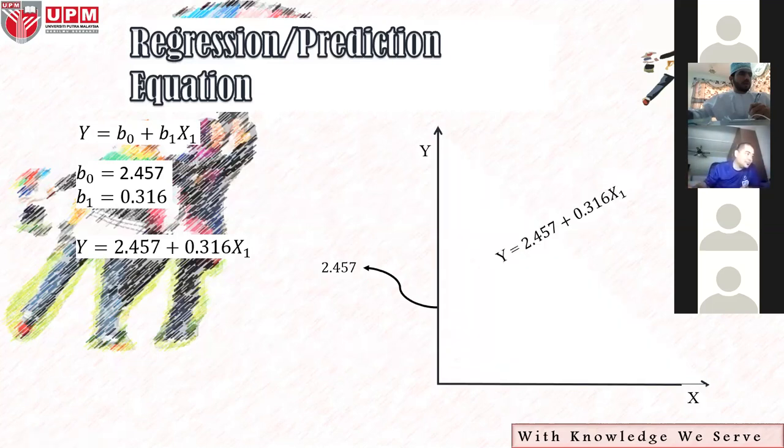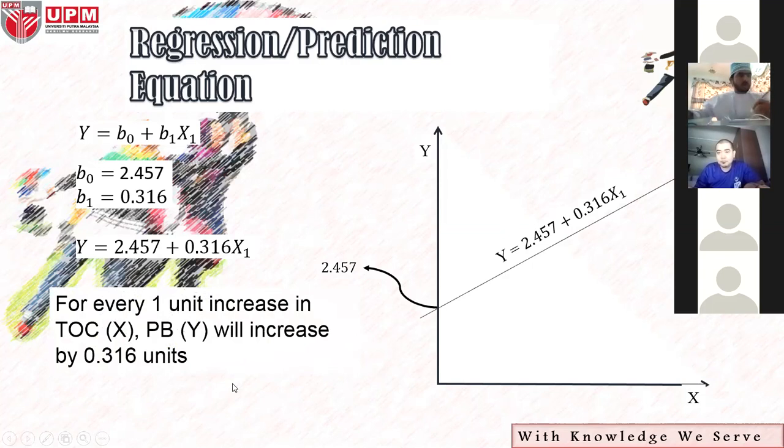So our prediction equation will be Y equals 2.457 plus 0.316 x1. If we illustrate based on graph, this is how it should look like. 2.457 indicates the value where the straight line touches the y-axis.